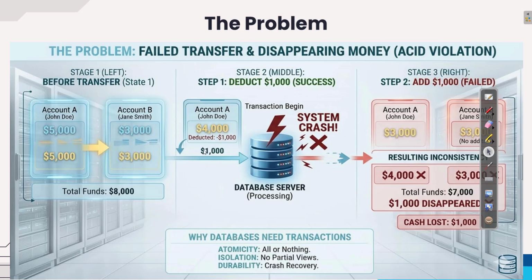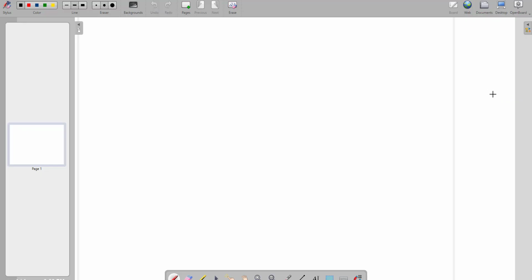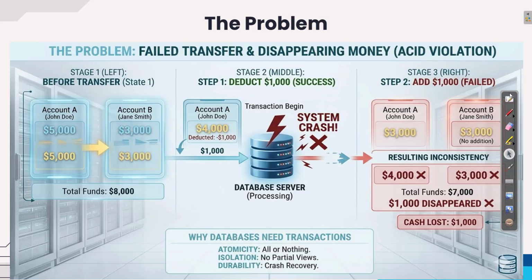If this step is successful, then step 2 is adding the $1,000 to account B. If there is a system crash for any reason, then account A has $4,000 and account B has the same $3,000, so the total funds are $7,000.